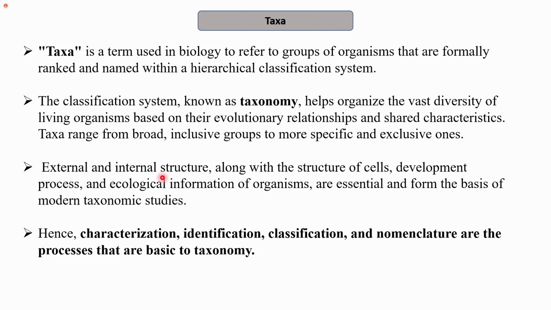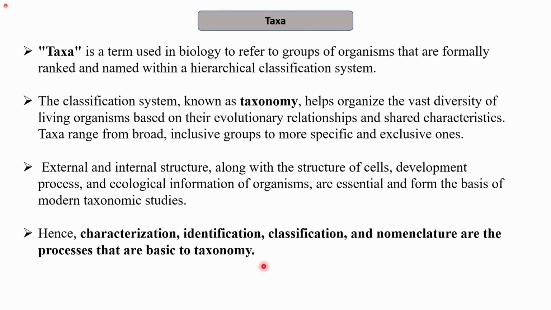The external and internal structure, along with the structure of cells, the development process, and ecological composition of organisms are essential and form the basis of modern taxonomic studies. Hence, characterization, identification, classification, and nomenclature are basic to taxonomy.